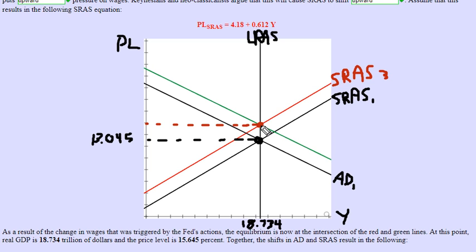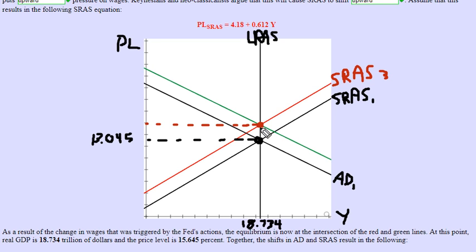In the end, in scenario 3, we end up here at this point, and that right there is where aggregate demand from scenario 2 and short run aggregate supply from scenario 3 meet, and they both meet at long run aggregate supply. So the output gap is 0. So it was 0 initially and it's 0 now.